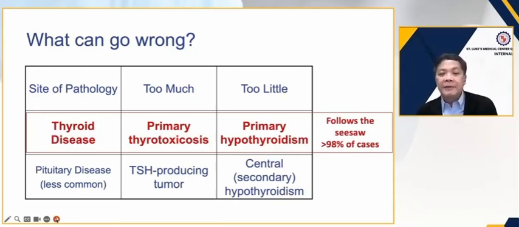Secondary hypothyroidism is a bit more common than a TSH-producing tumor, but compared to primary hypothyroidism, it's really far, far different. It's not as common. So we need to define whether the excess or deficiency is largely thyroid or a pituitary problem.